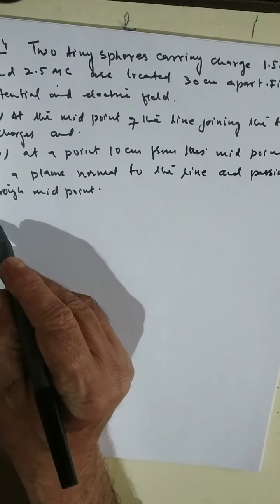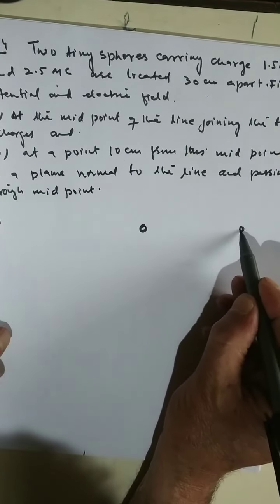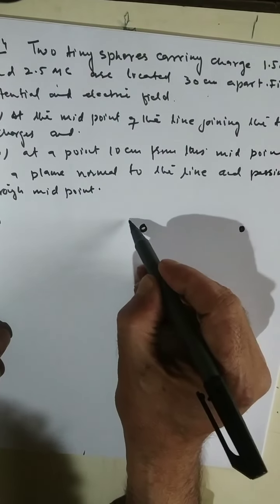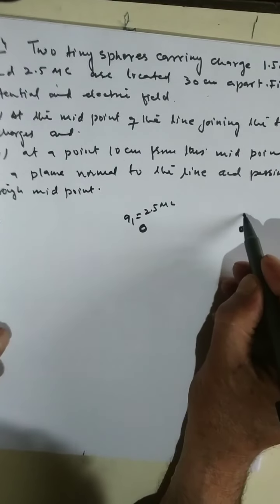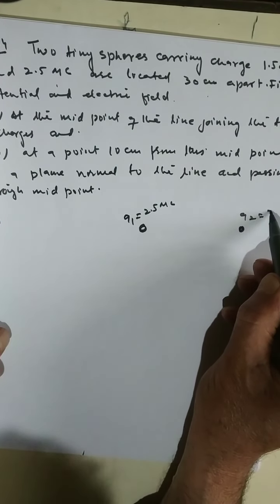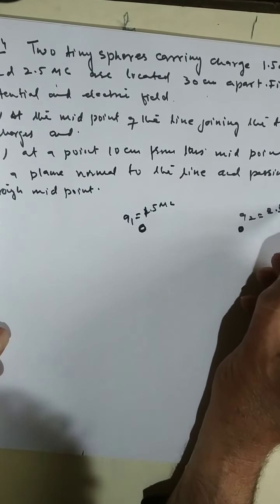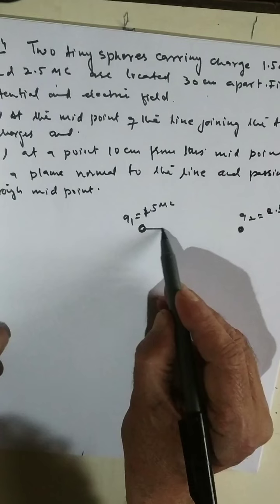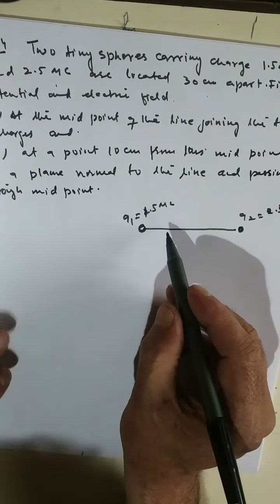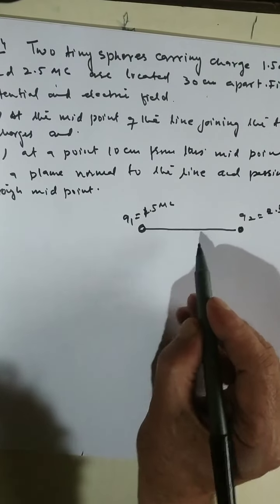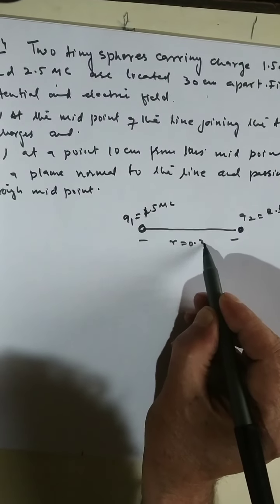So for the solution, we have two spheres. One has charge Q1 and the other has Q2, separated by a distance of 30 centimeter, that is 0.3 meter.